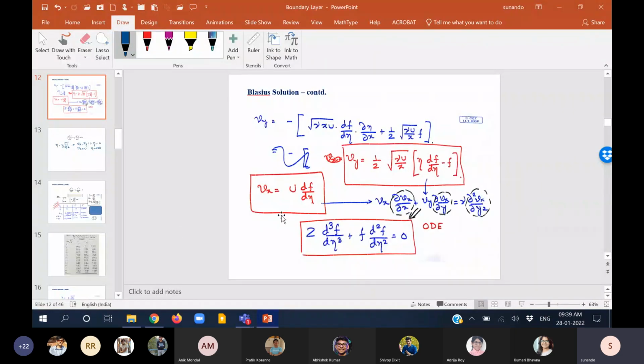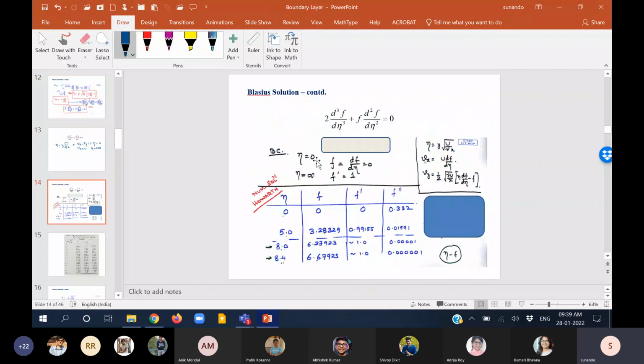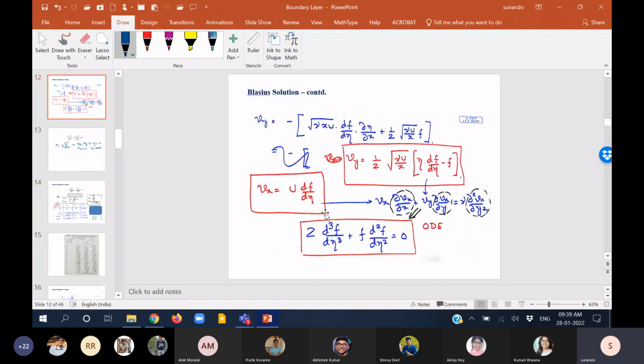How do I say that f prime is 0 at eta equals 0? Is it not obvious from here? At eta equals 0, that means on the solid plate, due to the no slip condition, Vx will have to be equal to 0.